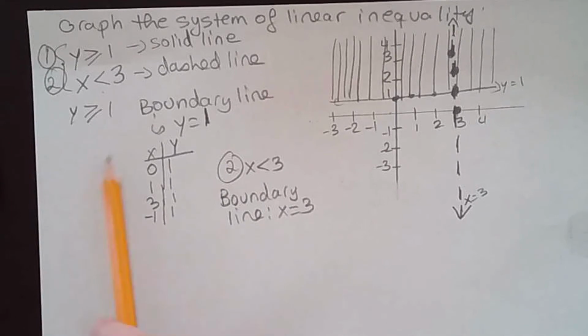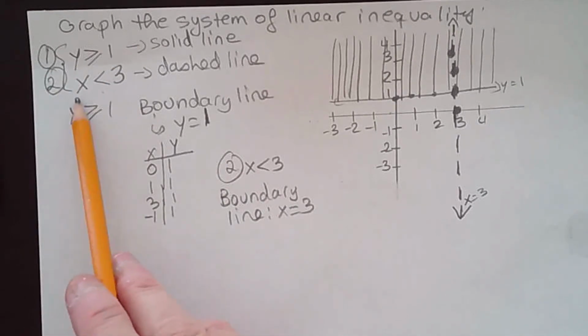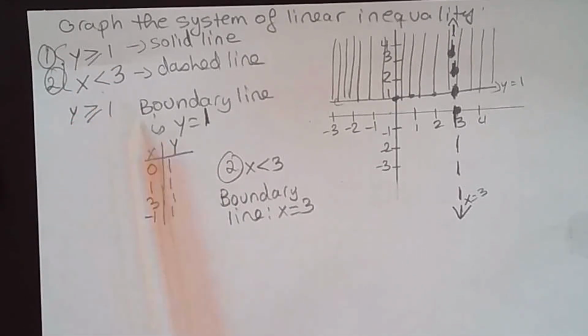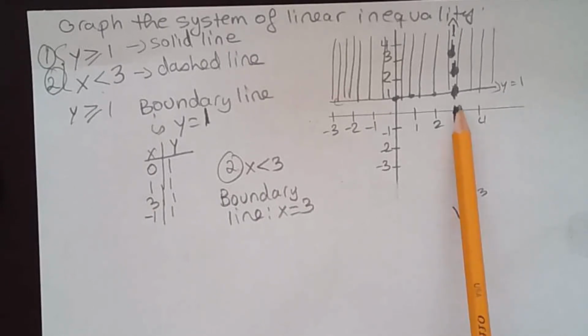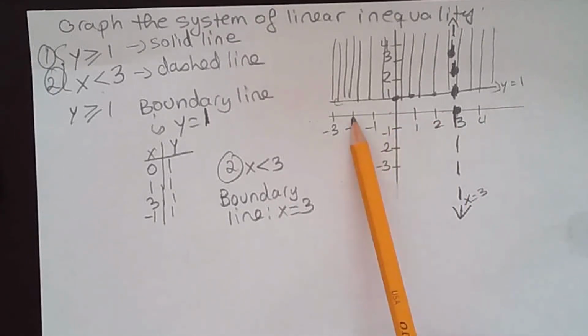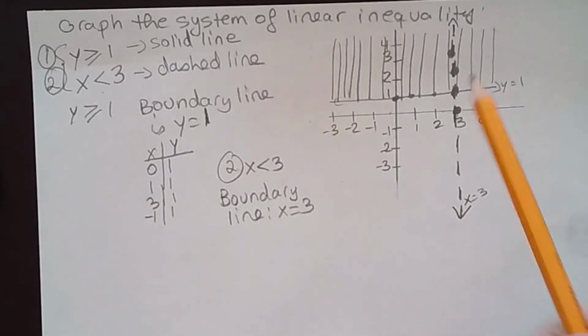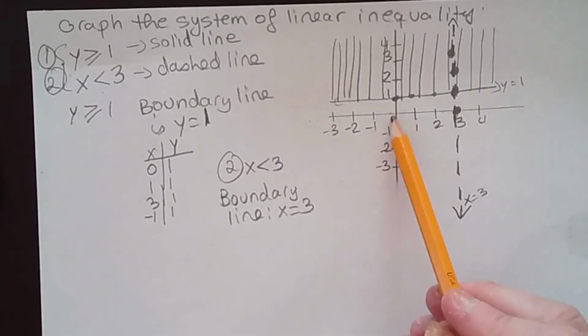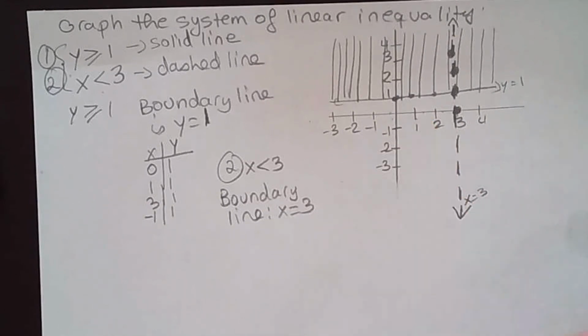Now where do we shade for x less than 3? Well, you know this is 3. Anything to the left of 3 on the x-axis would be less than. So here's less than, everything here is less than 3. So 2 is less than 3, 1 is less than 3, 0 is less than 3, 1.75 is less than 3.